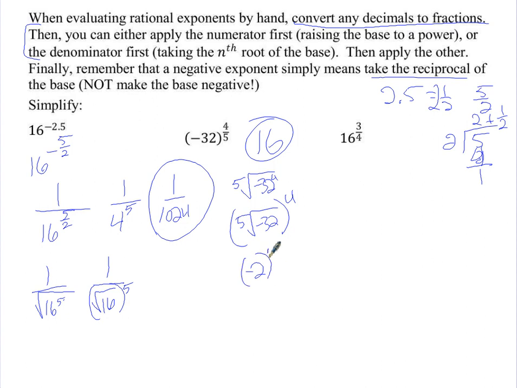So now I have negative 2 to the 4th power. That's negative 2 times itself 4 times, which is 16. So I'm using this sentence right here that allows me to do this either way. Sometimes the denominator is going to be better to do first. Sometimes the numerator is going to be better first. So how about 16 to the 3/4?